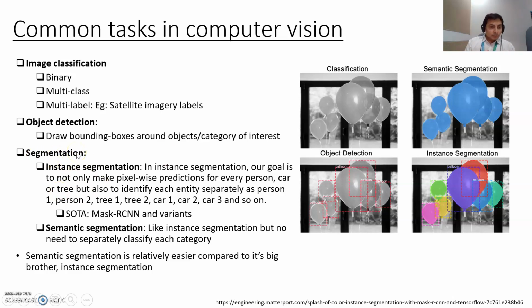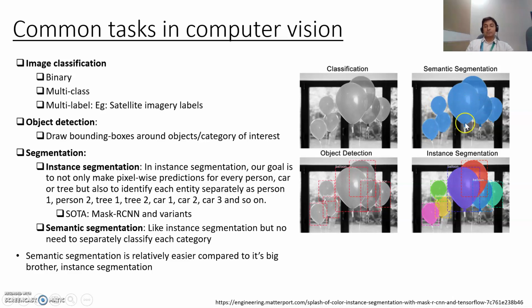Yeah, then we were talking about segmentation. Segmentation is of two types. First is instance segmentation, and then we have semantic segmentation. Semantic segmentation is slightly simpler than instance segmentation. Semantic segmentation is when you have these objects and all you want to do is a pixel-wise classification based on the category.